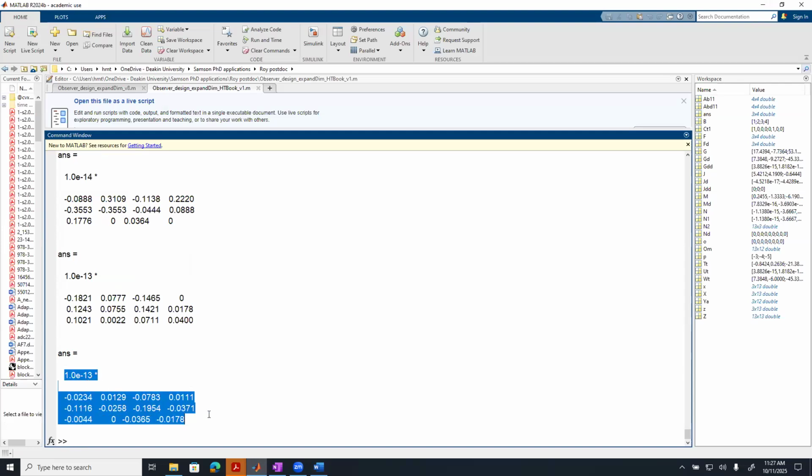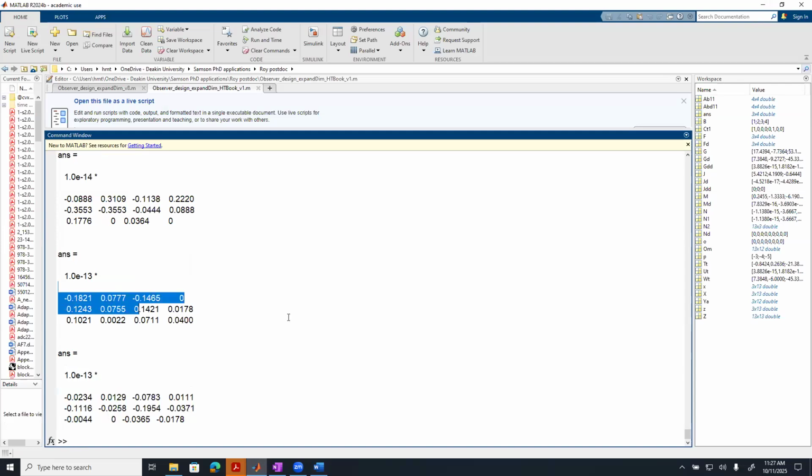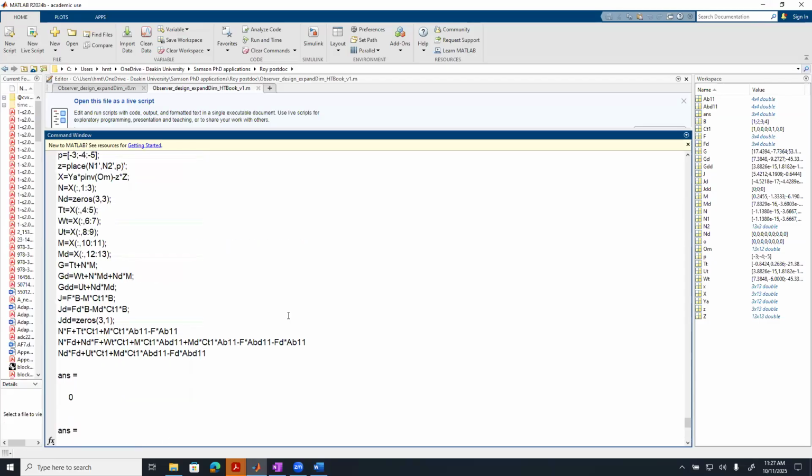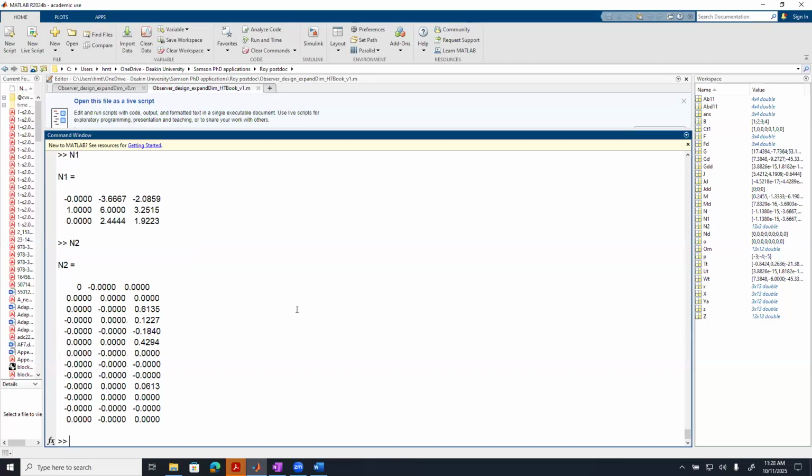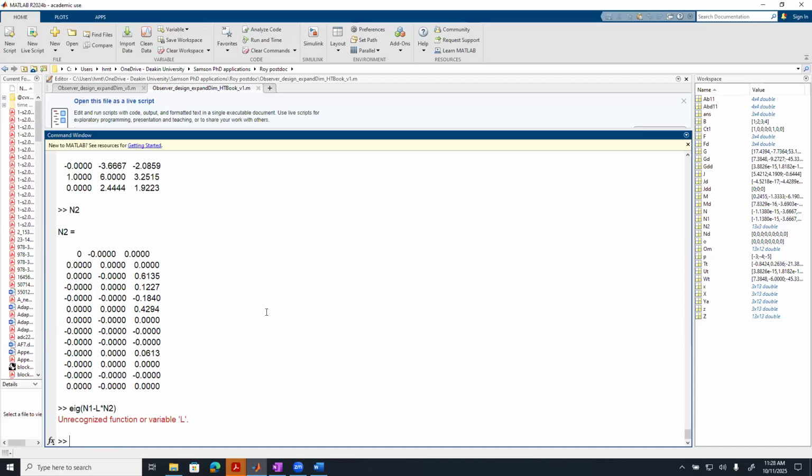They are basically 0, and we obtain the matrices N1 and N2, and the beauty about this is that it's observable. So when we look at the eigenvalues of N1 minus L times N2, we assign them at, where did we?